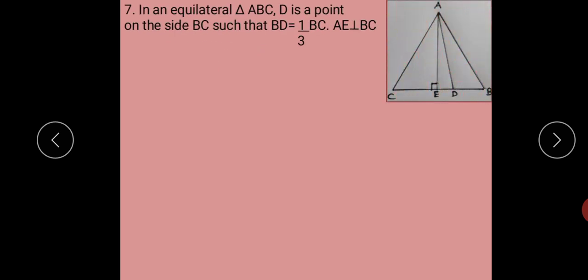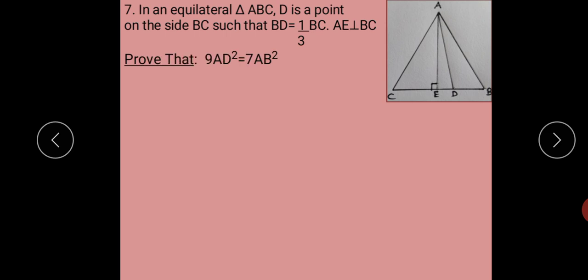In an equilateral triangle ABC, D is a point on side BC such that BD is 1/3 BC. In other words, the side BC is 3 times that part, that is BD. And AE is also perpendicular to BC. Again, in the equilateral triangle, we have the altitude, so E is the midpoint of BC.